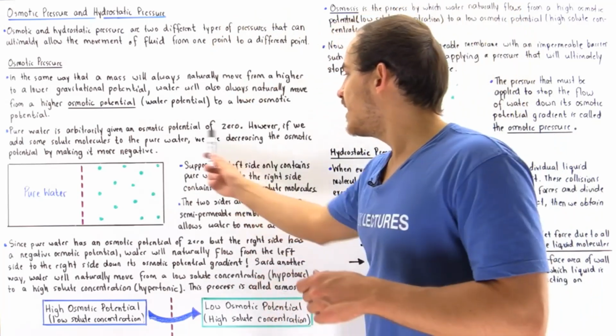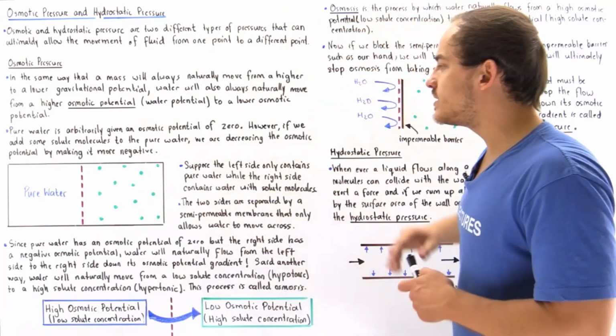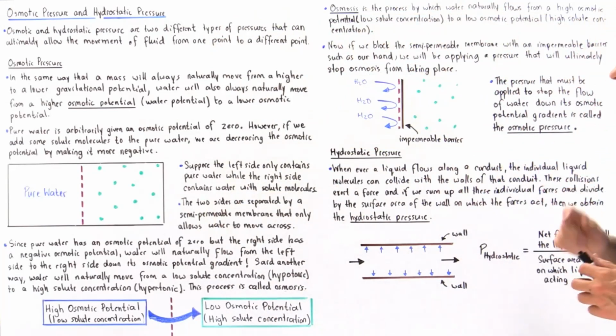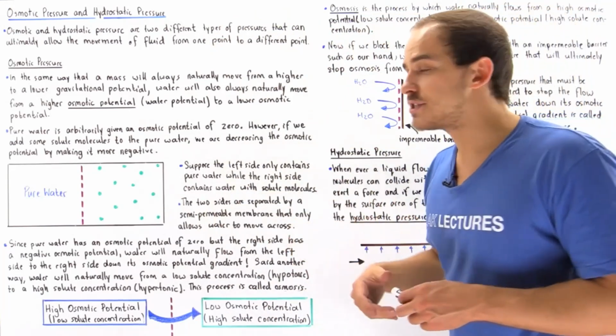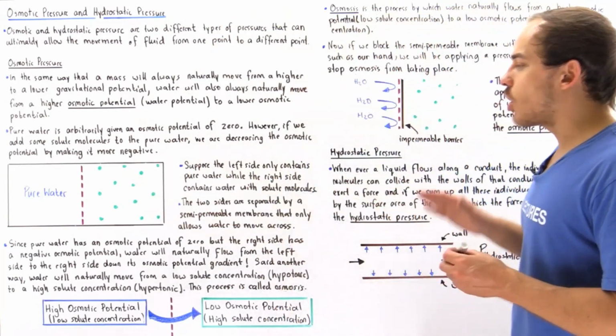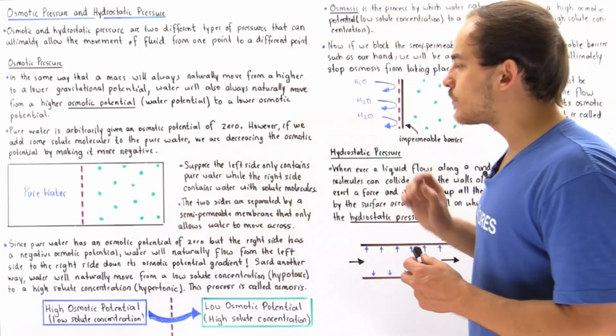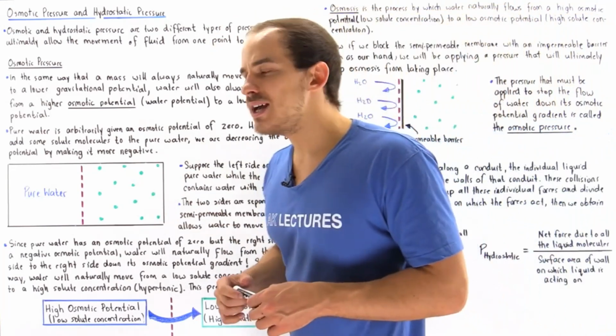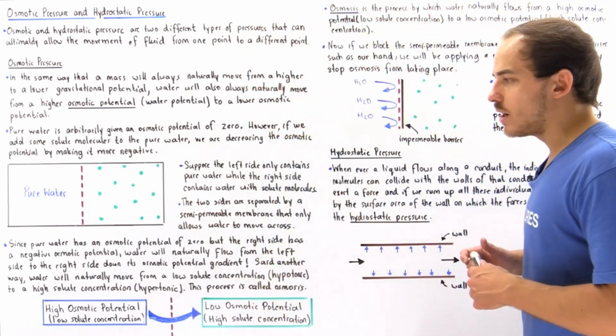So once again, suppose the left side only contains pure water while the right side contains water along with some solute molecules shown in green. The two sides are separated by a semi-permeable membrane that only allows water to move across.